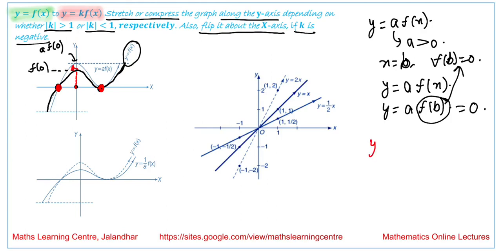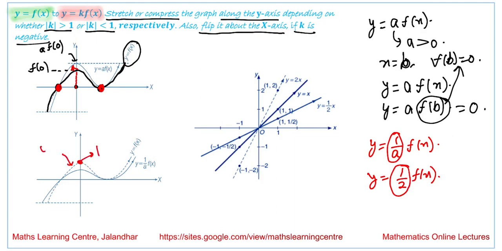Similarly, we are talking about the function y = 1/a times f(x). 1/a times f(x) means, suppose I am talking about y = 1/2 times f(x). Earlier the value of the function was 1. This is the graph corresponding to y = f(x). Suppose this point is the point a.